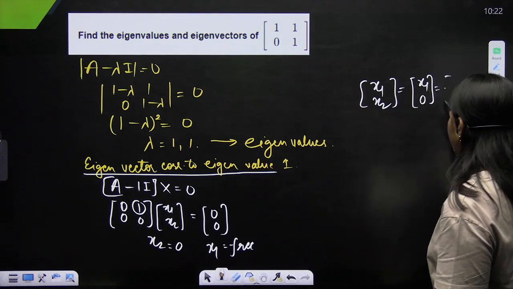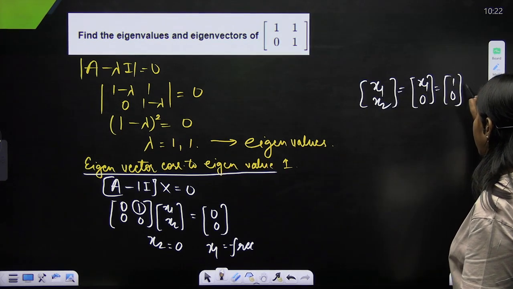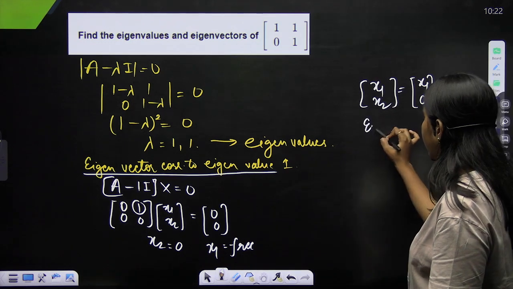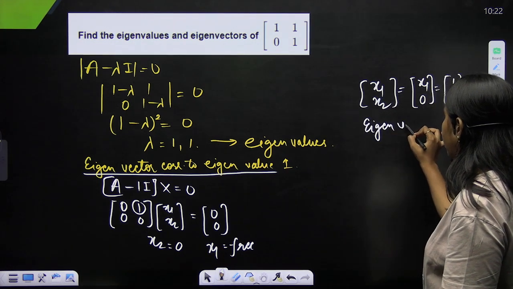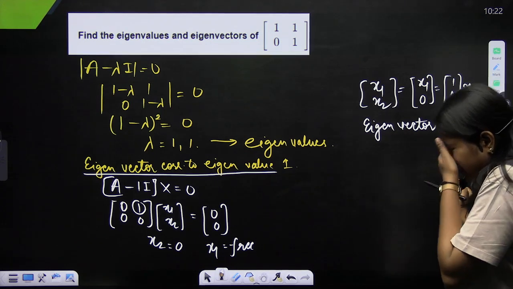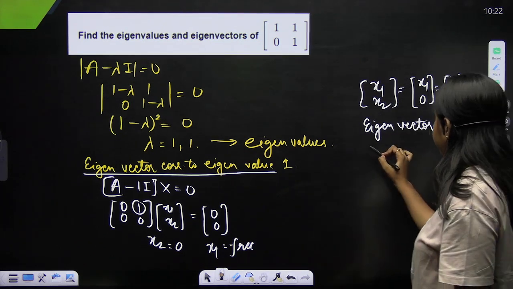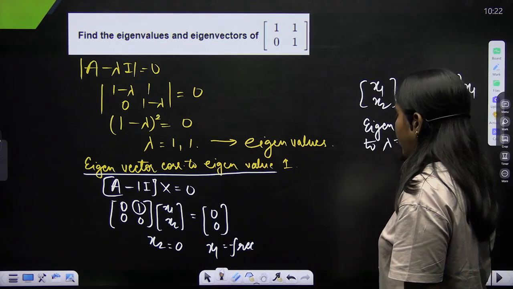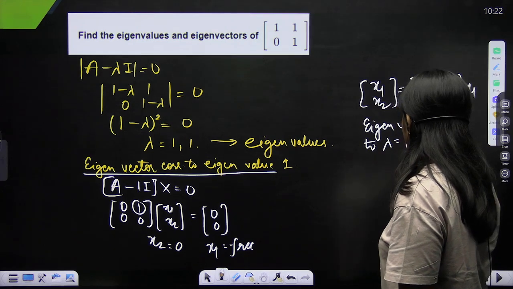So the solution would be x1 times (1, 0). So the eigenvector corresponding to lambda equals 1 is (1, 0).